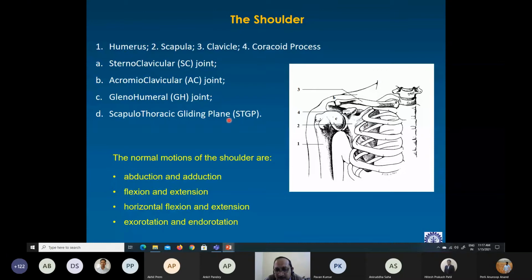We have flexion and extension, and also horizontal flexion and extension. You can also have exorotation and endorotation, that is, outward rotation and inward rotation.